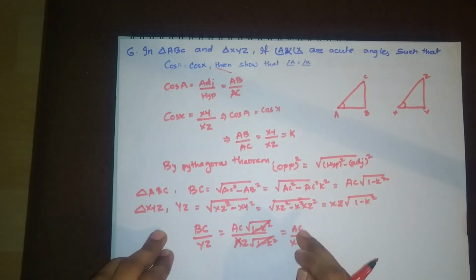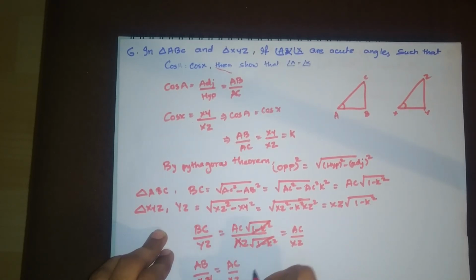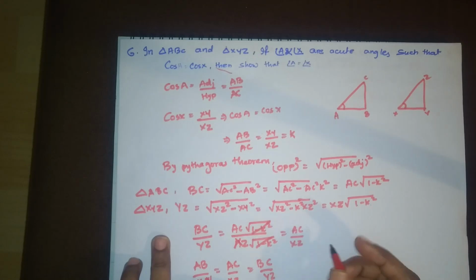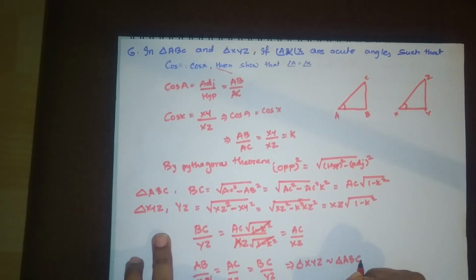From both of these equations we get AB by XY is equal to AC by XZ is equal to BC by YZ. The ratio of respective sides is equal. Hence we can say that triangle XYZ is similar to triangle ABC. Therefore angle A is equal to angle X.